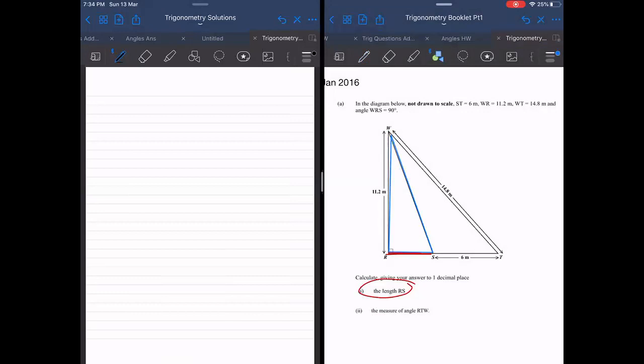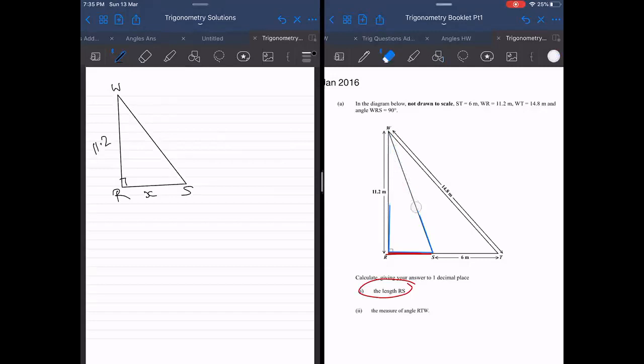However, if we use that triangle as is, I would know that this is 11.2, I would know that this is RS, but I don't know anything about any angle. They're not telling me anything about angle other than the fact that there's a right angle, and they're not telling me anything about the side. So maybe trig ratios is not the way to go. Instead, that leaves me with Pythagoras theorem.